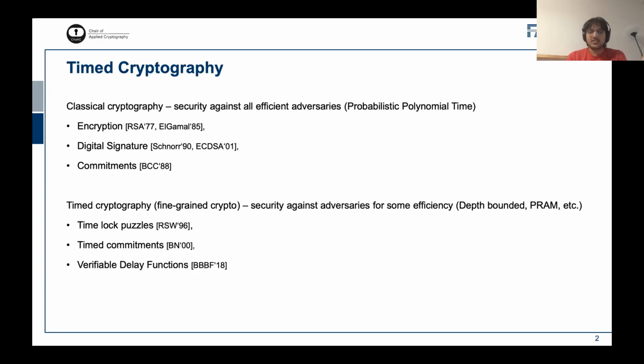These machines run efficiently, but you put a bound on the concrete running time or parallel running time, and you get some nice, interesting primitives out of this. The most popular ones are time-lock puzzles, timed commitments, and most recently, verifiable delay functions.